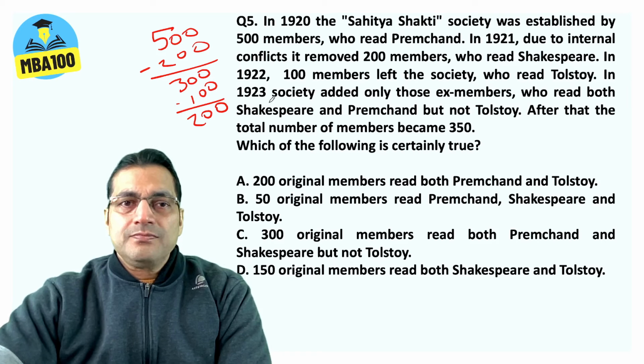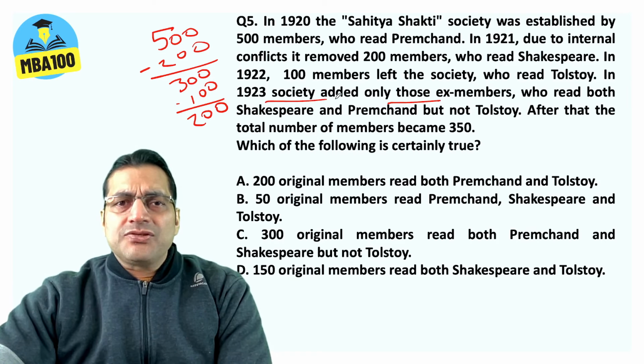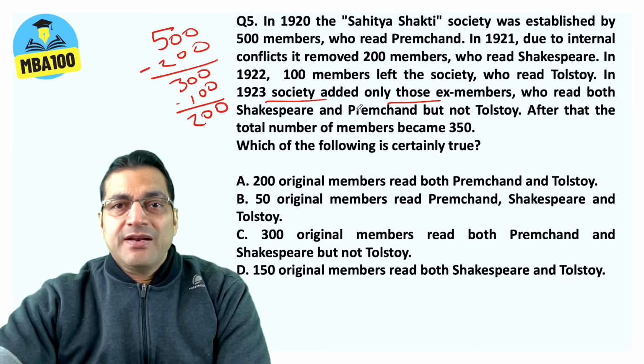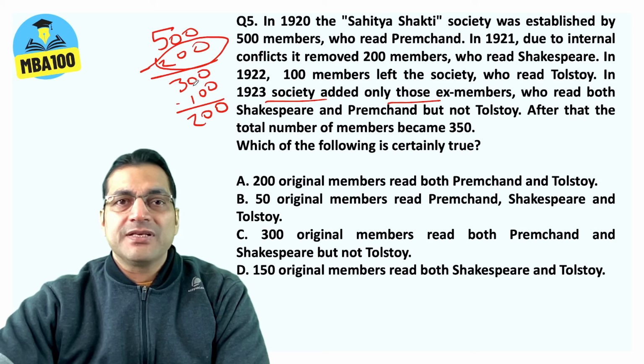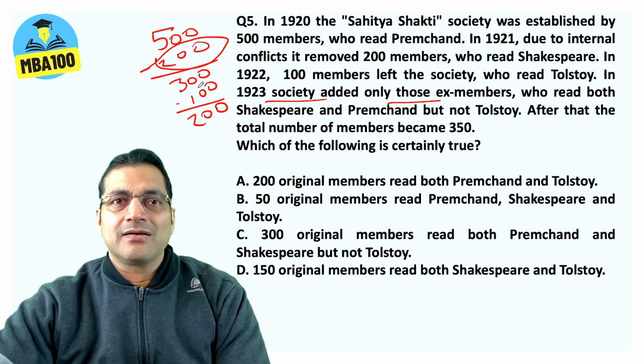Now, in 1923, society added only those ex-members who read both Shakespeare and Premchand but not Tolstoy. So these 200 people who had left because of being Shakespeare followers were called back.